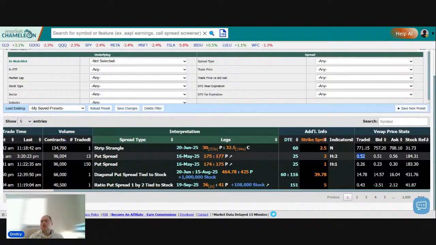And the stock price, if we use the VWAP based on those trades, was 184.31. So we get an idea of where the stock was during the time these traded, and the traded price relative to the displayed bid and ask markets.